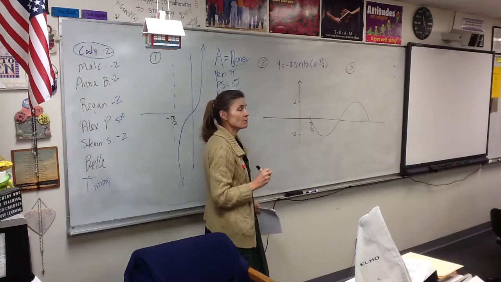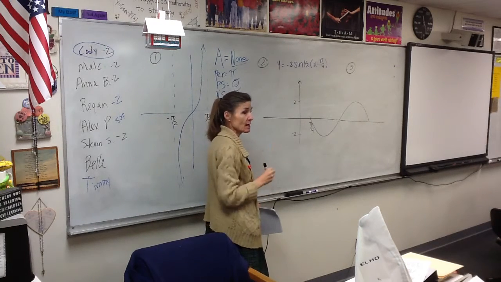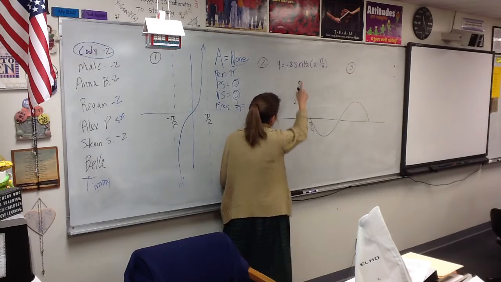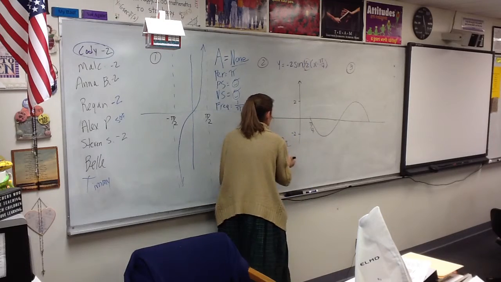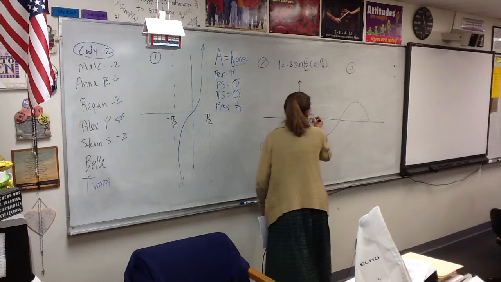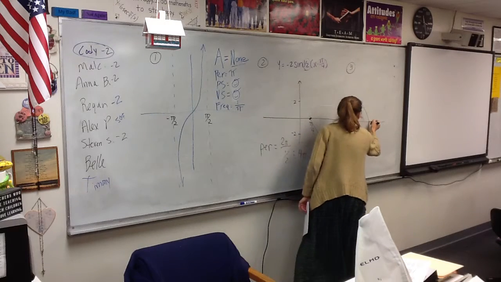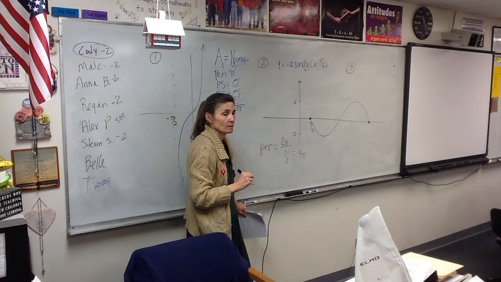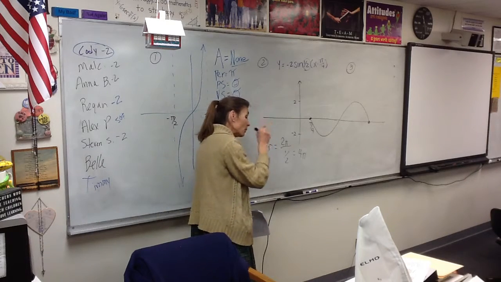Now, what's the period of this particular sine curve? 4pi. The period's supposed to be 2pi, but it's been divided by a half, so you're right, the period's 4pi. Which means that from this point to this point is a distance of 4pi. So you have to figure out what that point is down there.